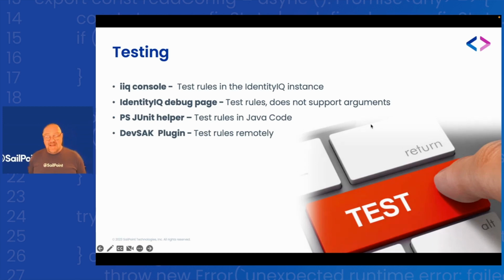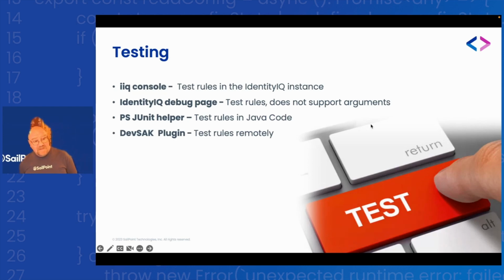It gives you a nice little helper class to help you get things done quickly about inserting rules and finding out where problems were. But it's quite heavy, right? And it's slow because you have to spin up IdentityIQ. But you can use Java code to actually do that. And as the name suggests, I use JUnit quite a lot there.